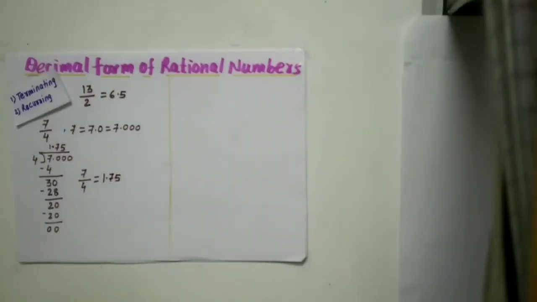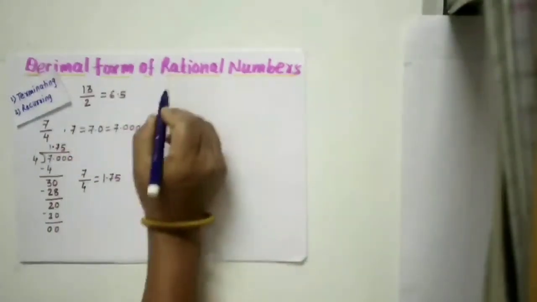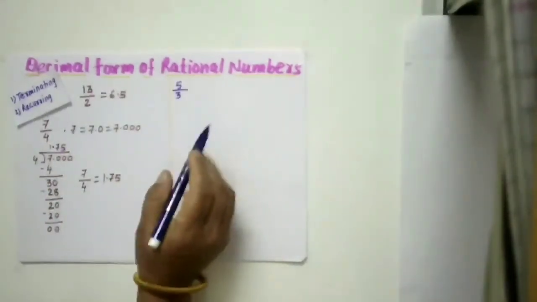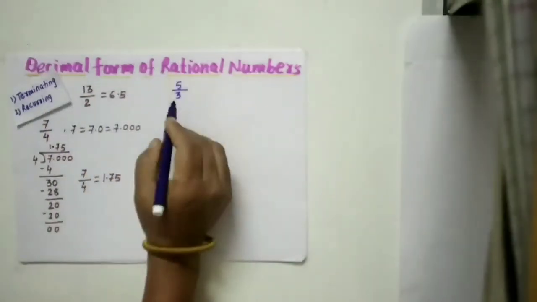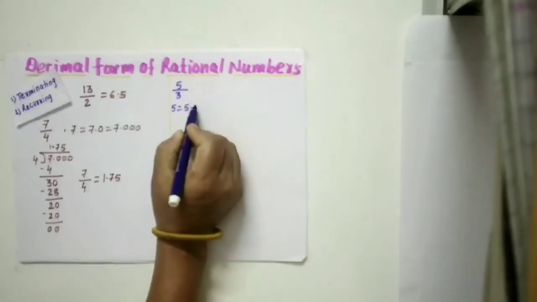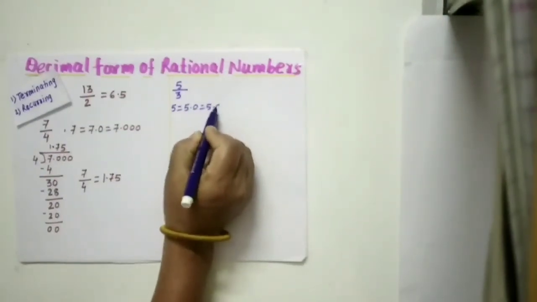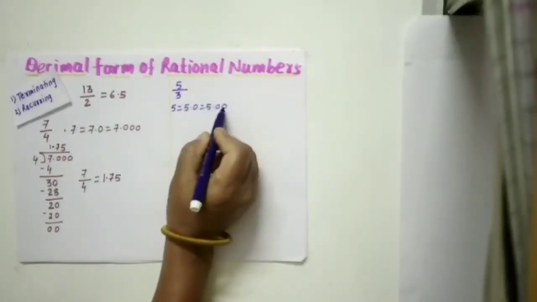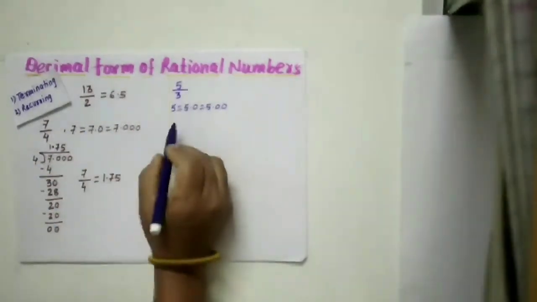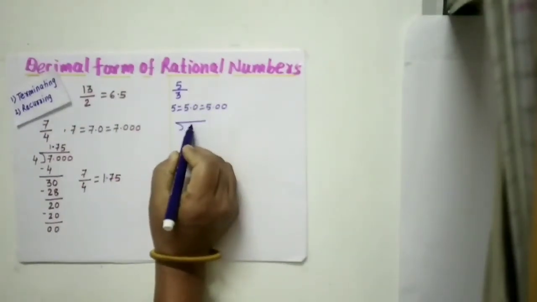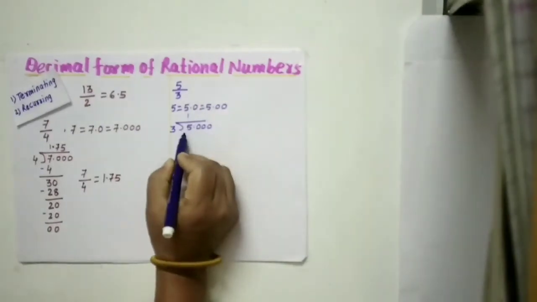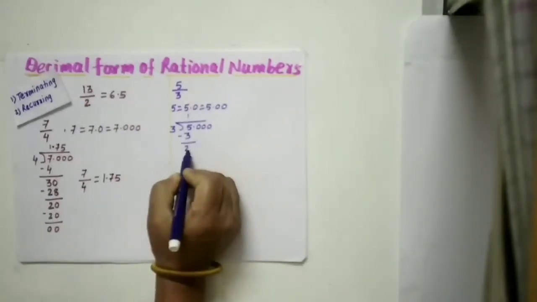For that we will take one example. Write the number 5 by 3 in decimal form. Same like 7, 5 can be written as 5.0 or 5.000. Now we are going to divide it. 5.000 divided by 3. 3 ones are 3, remaining 2.